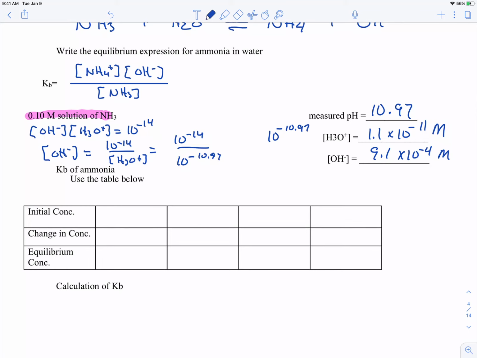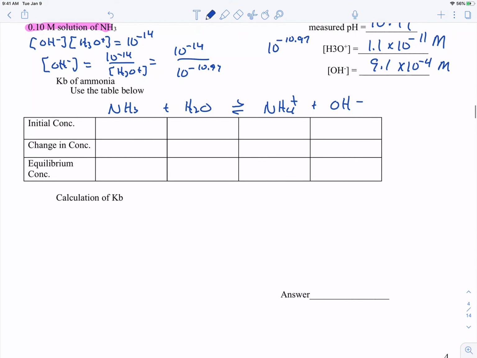Okay, so let's write out our equilibrium equation. Ammonia plus water, there's an equilibrium set up, and we get ammonium ions and some hydroxide. Again, it's a weak base, so we get a little bit. Our initial concentration was 0.10 molar.